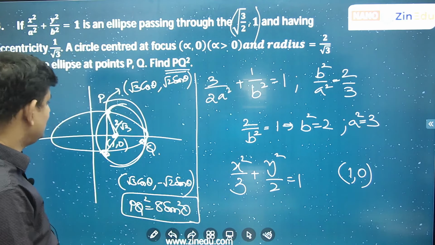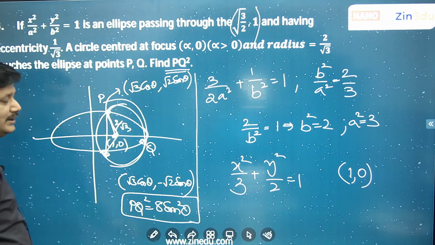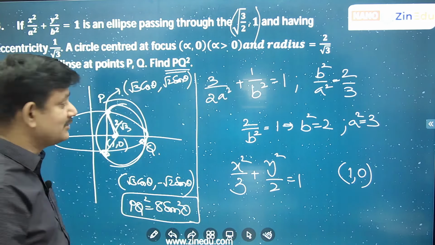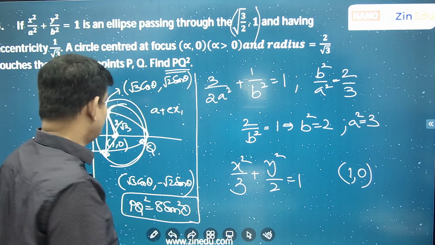How to find sin theta? The focal radius of any point on the ellipse is given by what? a plus ex1 and a minus ex1. That is the focal radius.